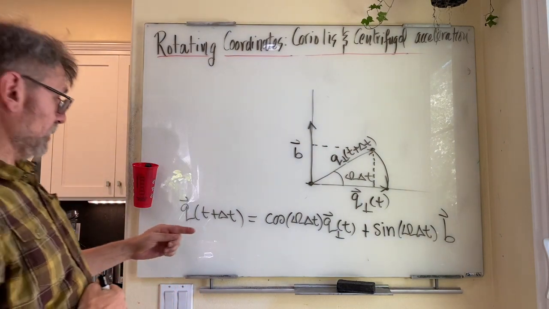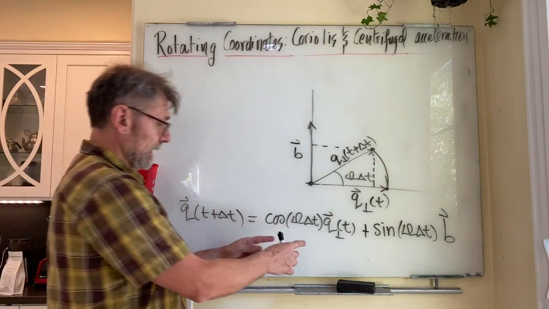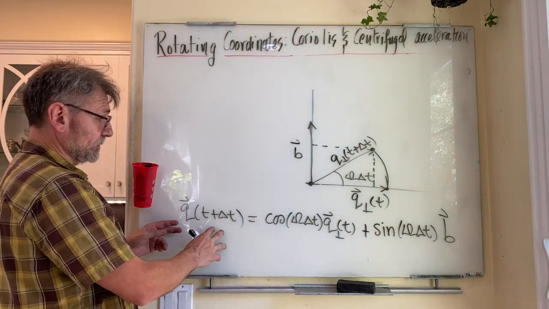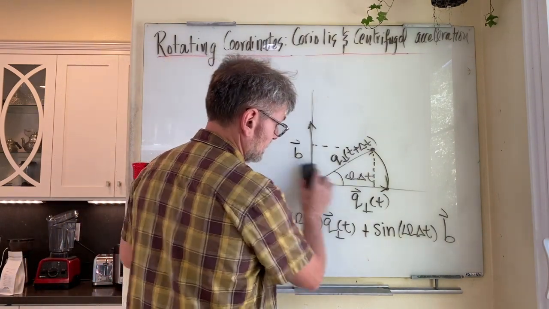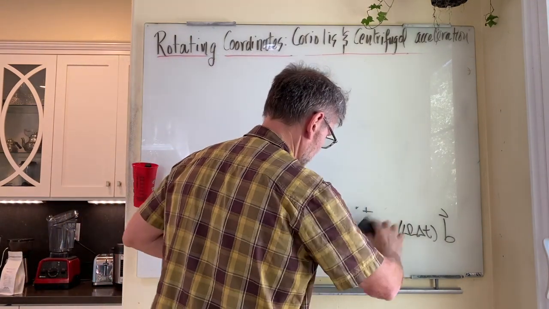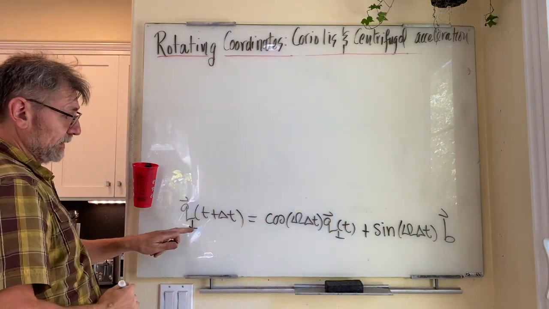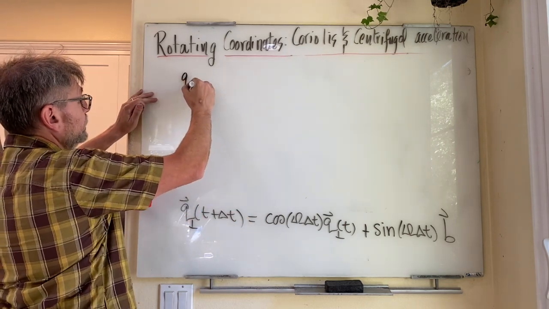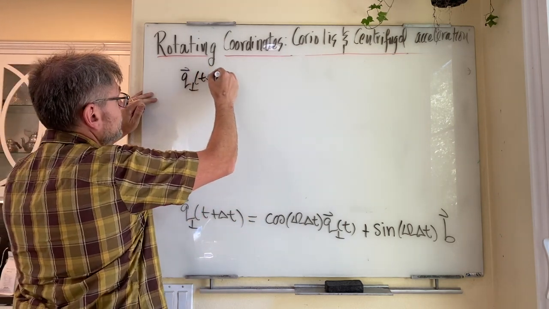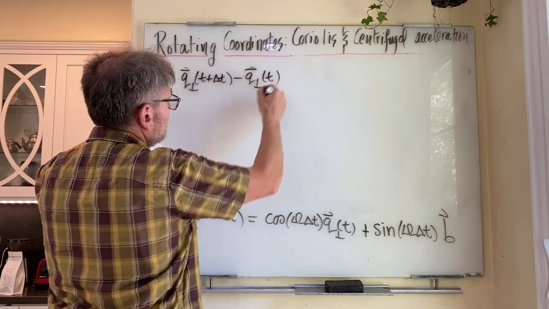Now I'm going to subtract q perp of t from both sides, and then I'm going to take the limit as delta t goes to 0. And that will give me the derivative. So let me erase this here and write that up here. If I subtract q perp from both sides of the equation, I get q perp at time t plus delta t minus q perp at time t.